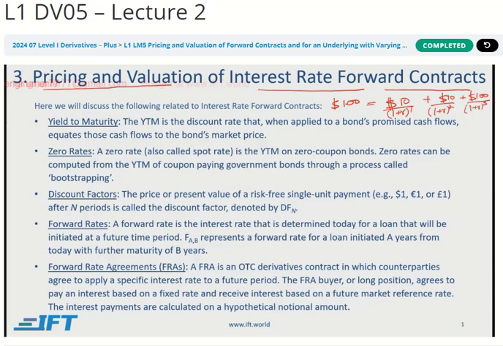Now, the value of r at which the present value of all these future cash flows becomes equal to the current market price, that is called the yield to maturity.